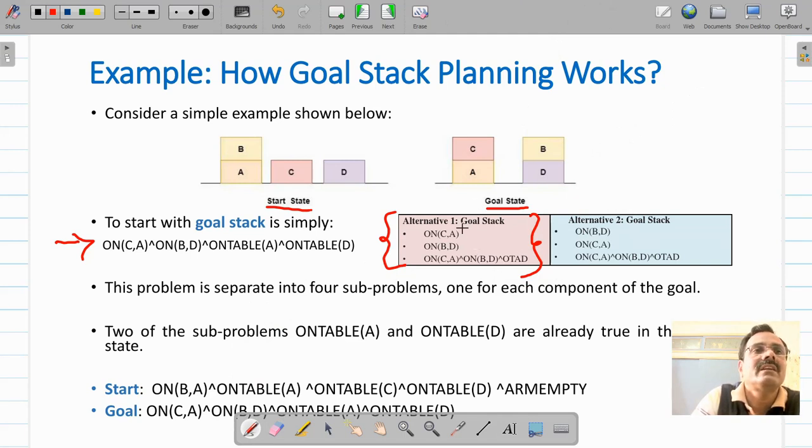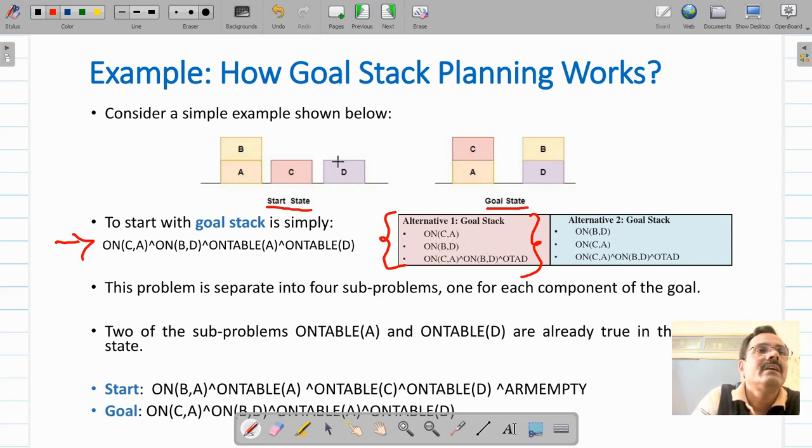Then we will try to satisfy each of these. So on top we have C is on A. After that we have B is on D. And then a final check we are going to make whether we have achieved this or not. Now there are two sub goals, because two are already satisfied.